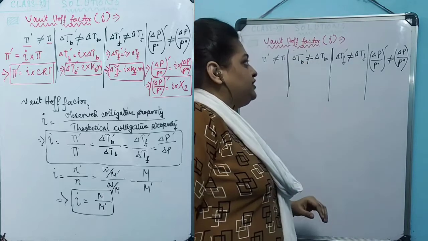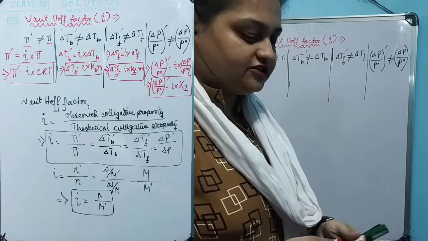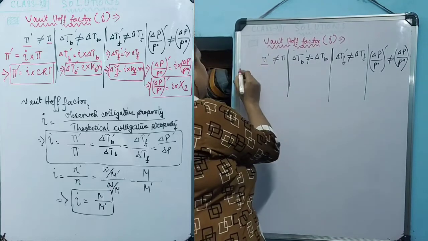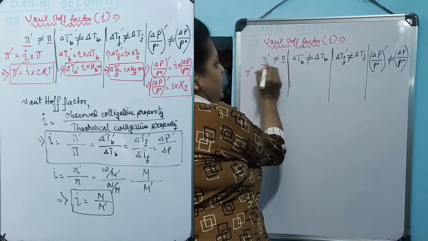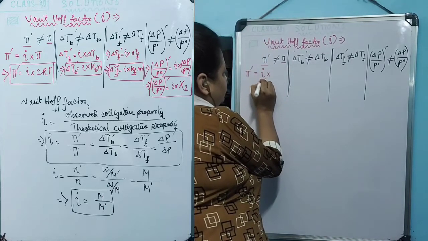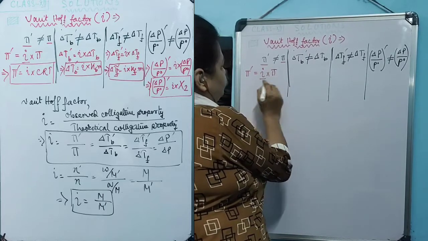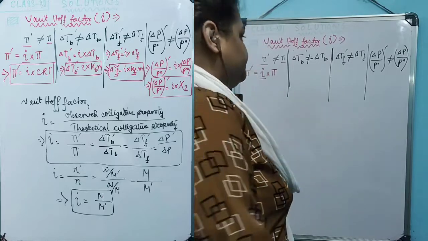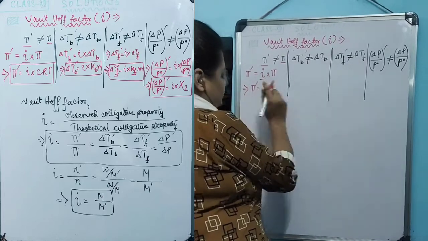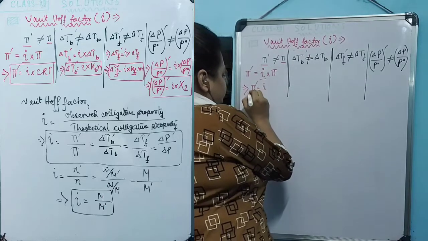Now, scientist Van 't Hoff observed all these abnormal colligative properties and concluded that the observed or experimental value can be made equal to the calculated or theoretical value by multiplying a factor known as the Van 't Hoff factor with the theoretical or calculated value. He proposed a modified equation for each of the colligative properties.